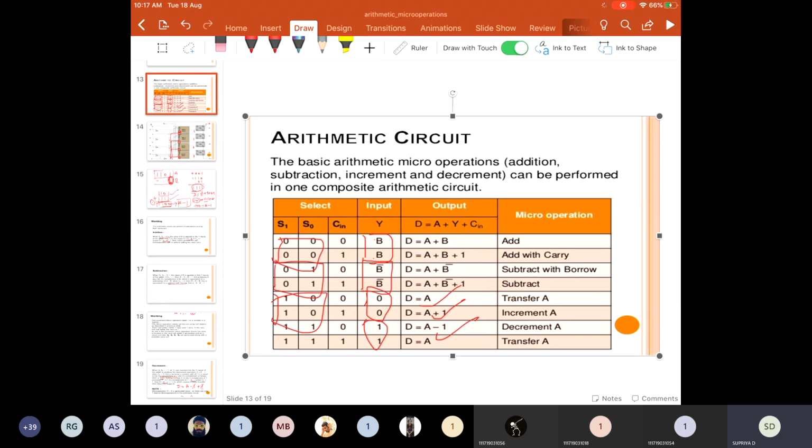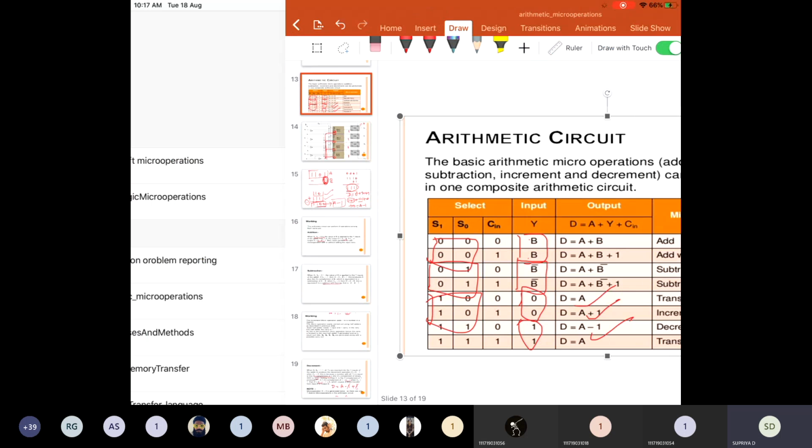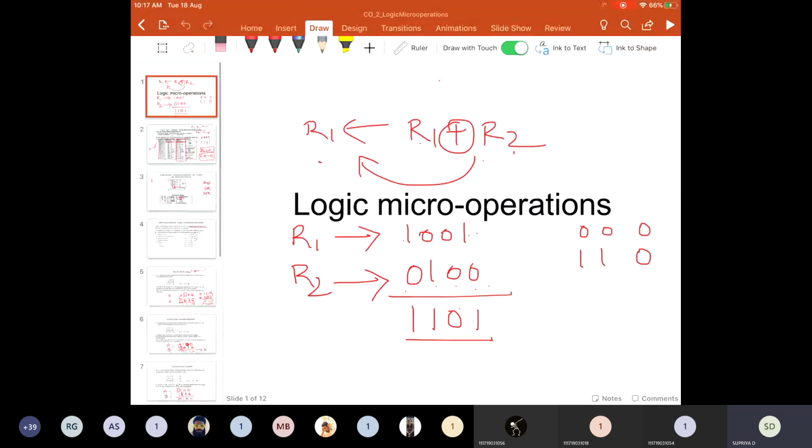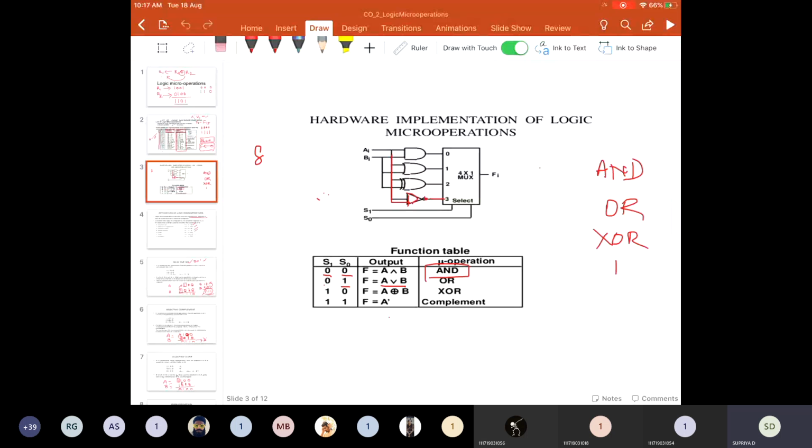So in the arithmetic logic shift unit, the arithmetic circuit implies this circuit at one stage of AI and BI, where I is the bit position in the registers A and B. Logical unit in that diagram means the circuit where, for any two numbers A and B, we perform the logical operations using this 4 by 1 multiplexer.